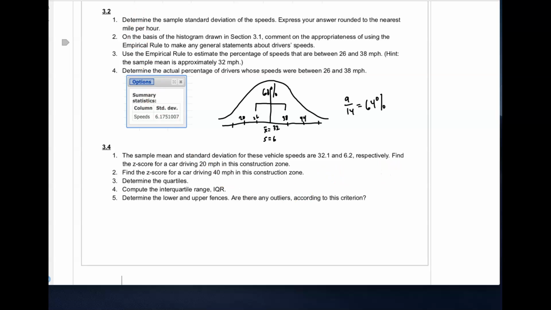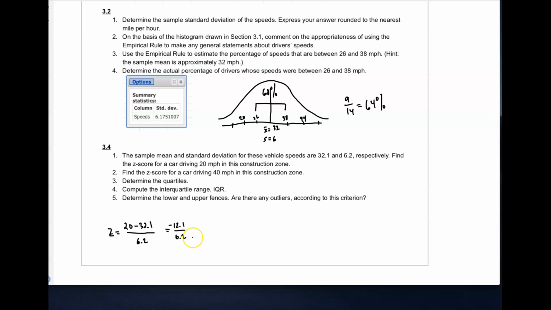On this problem, we need to recall the z-score is a measure of how far you are from average. So in this case, you're going to do 20 minus 32.1 divided by the standard deviation, which is 6.2. So what we're finding is that this 20 is less than the average value, right? And how far is it?